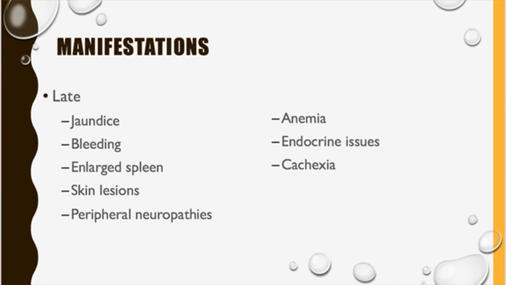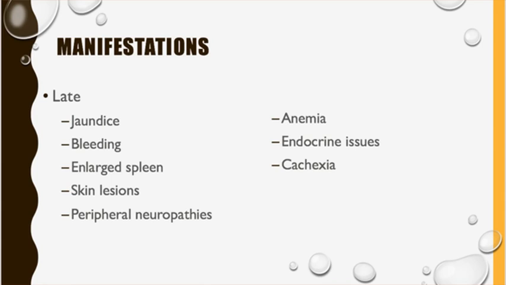And then you'll see skin lesions, which I have got a slide for next. You'll see peripheral neuropathies, and those come from deficiencies in thiamine, folic acid, and B12. The neuropathies are extremely common in alcoholic cirrhosis. And then anemia, endocrine issues, which we'll talk about, and then cachexia.